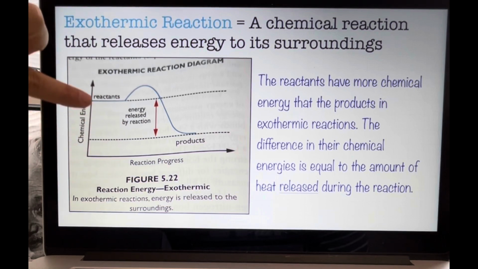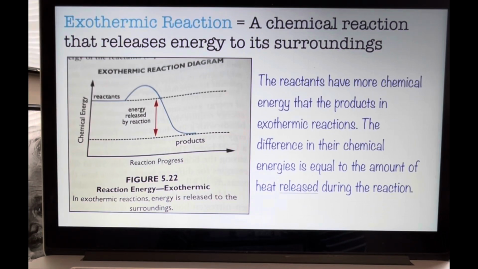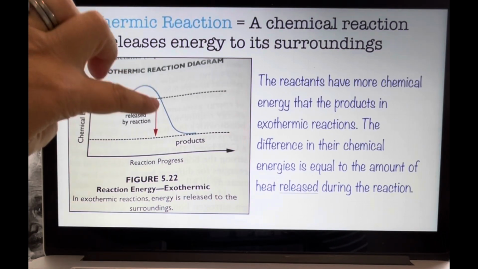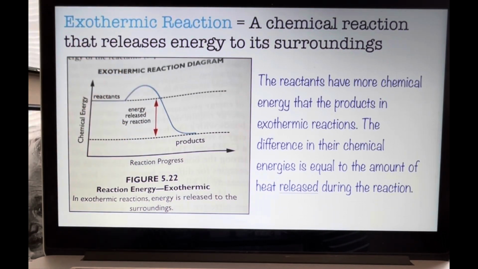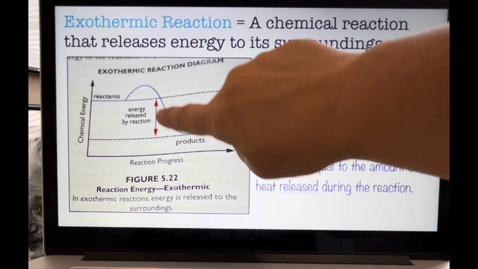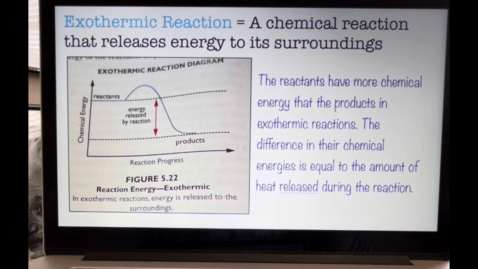They're higher up on the graph than the products in exothermic reactions. The difference in their chemical energies is equal to the amount of heat released during the reaction. So again, heat will be released during the reaction.